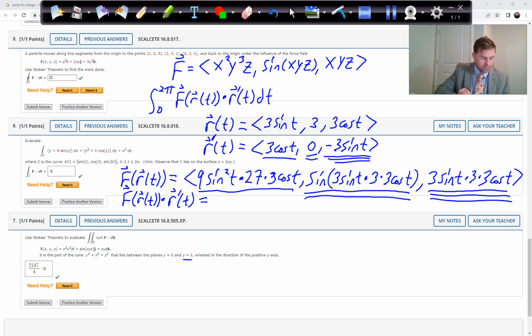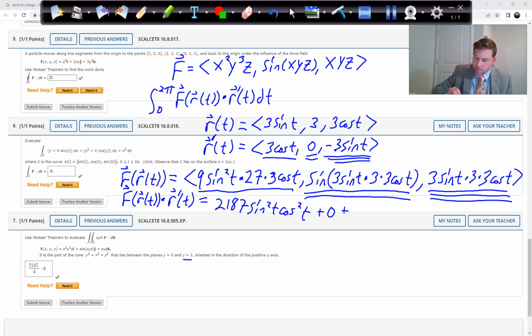So we get 9 times 27 times 3, which is 2187, sine squared t, and then cos t times cos t is cosine squared t. Middle term goes away. I'll write it as plus 0.